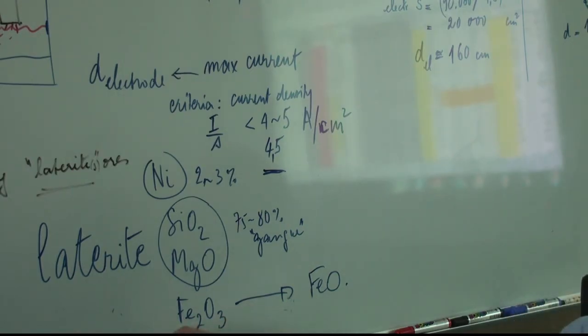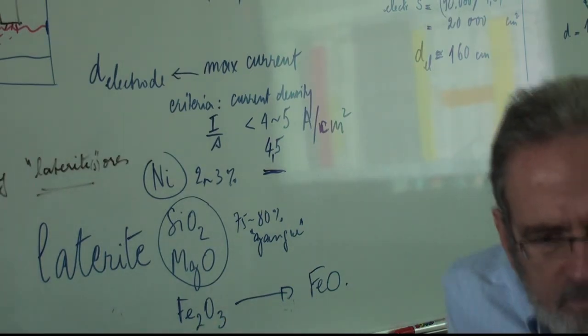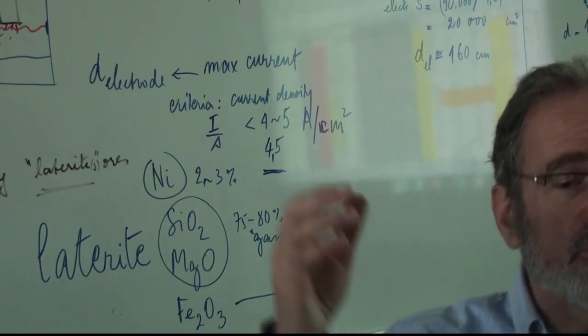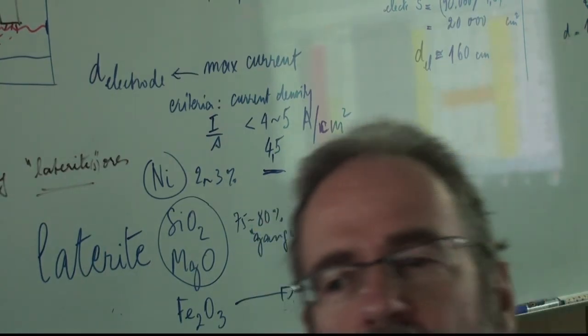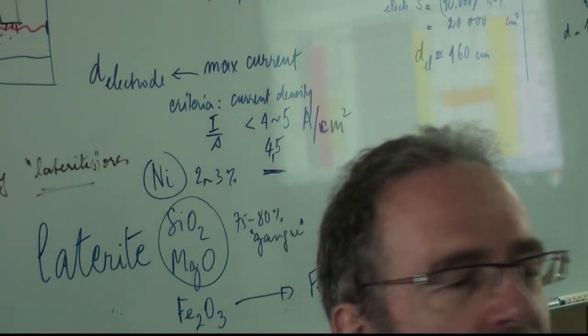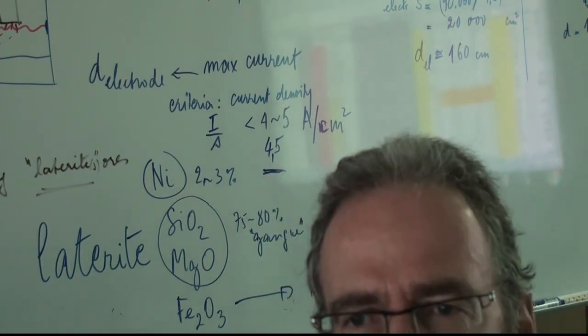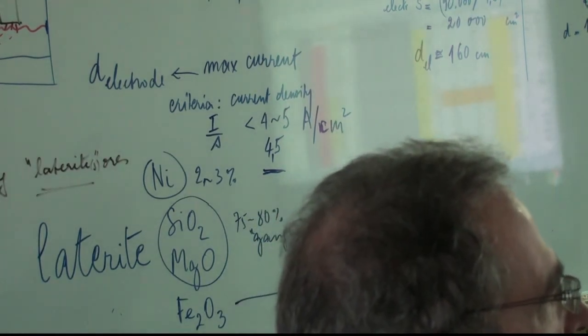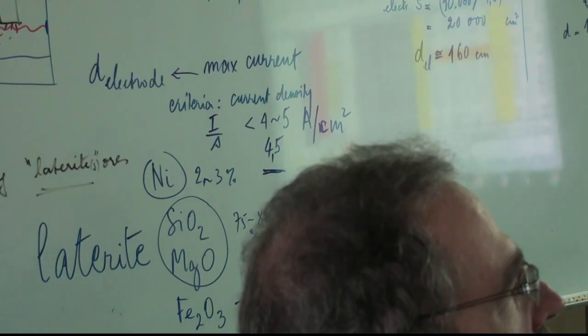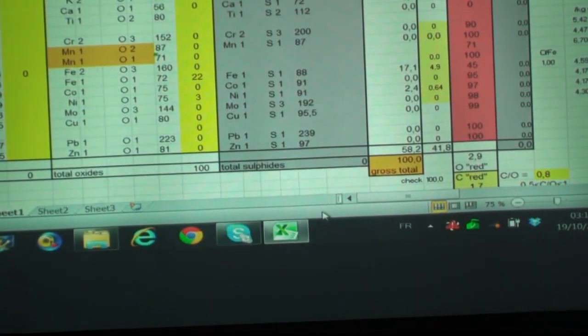But of course, once you have a customer having no kiln, you will enter Fe2O3. You will enter the analysis he gives you, of course.